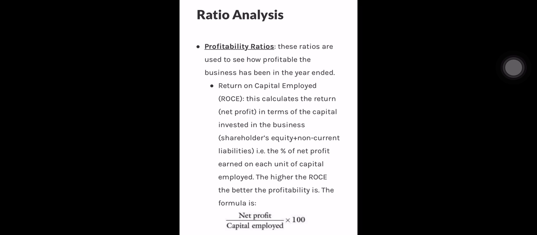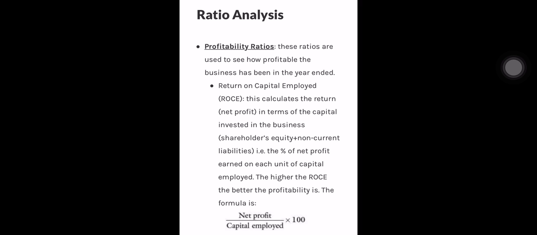What is the meaning of capital employed? Capital employed is the amount of capital that the business uses in order to generate profits. So what is the return on capital employed? This is how much net profit is made in terms of the capital used to generate the profits.